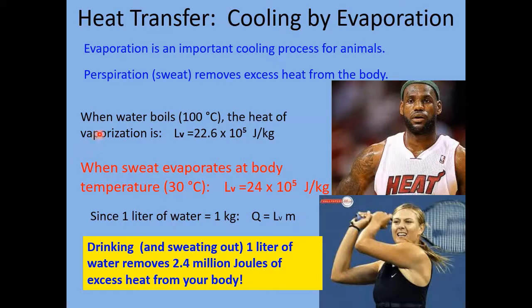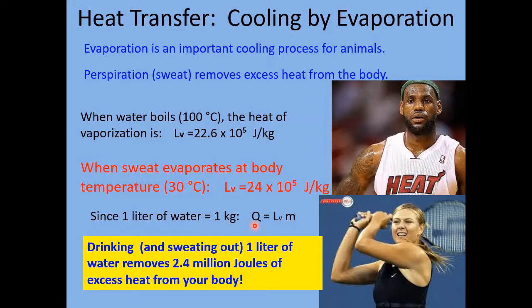However, we're not talking about boiling here. We're talking about water evaporating at room temperature or body temperature. So when sweat evaporates at body temperature, the heat of vaporization is actually 24 times 10 to the 5th joules per kilogram. Now, remember, 1 liter of water is 1 kilogram.